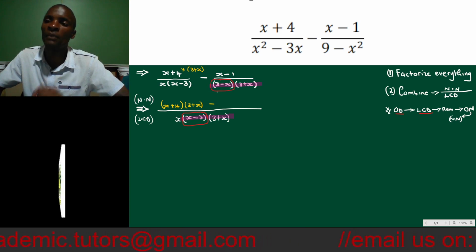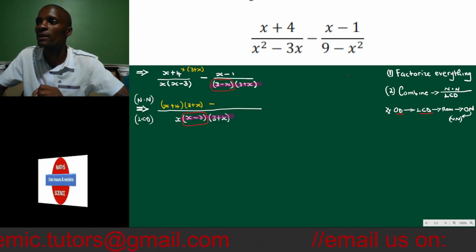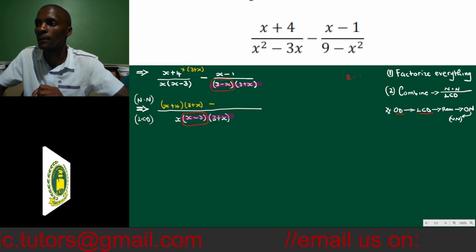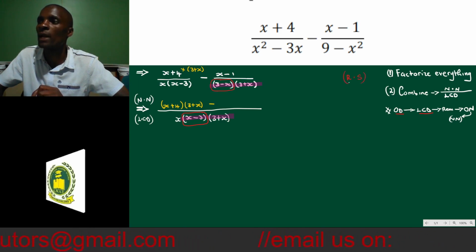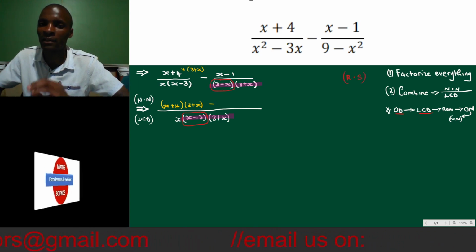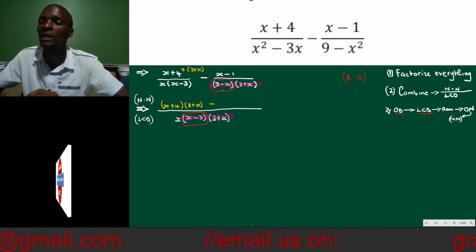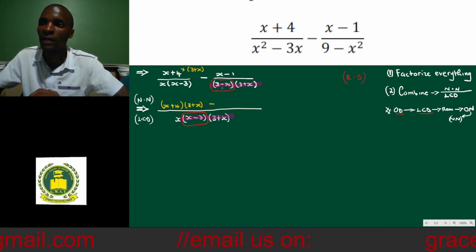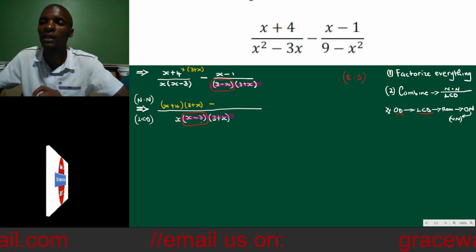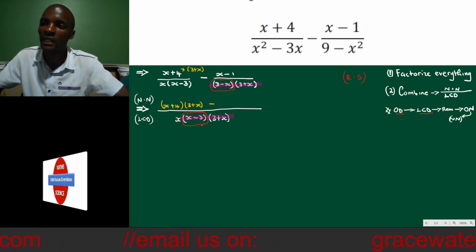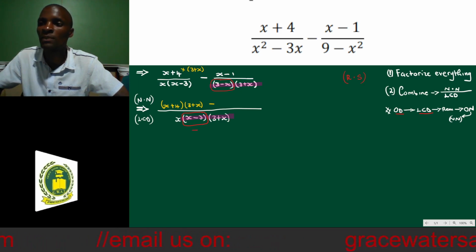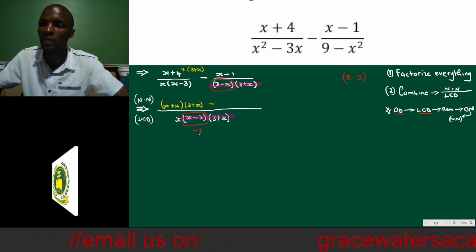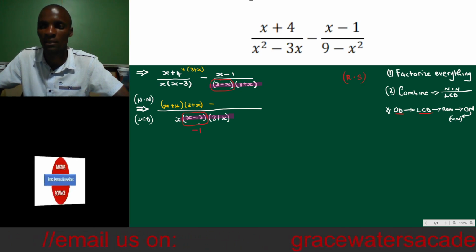Now listen, this is what you call a reversal of sign. So when two brackets are reversed or opposite, yet the values are subtracting, make sure that when you divide them, the answer is always expressed as a negative. So meaning to say here we'll have -1.